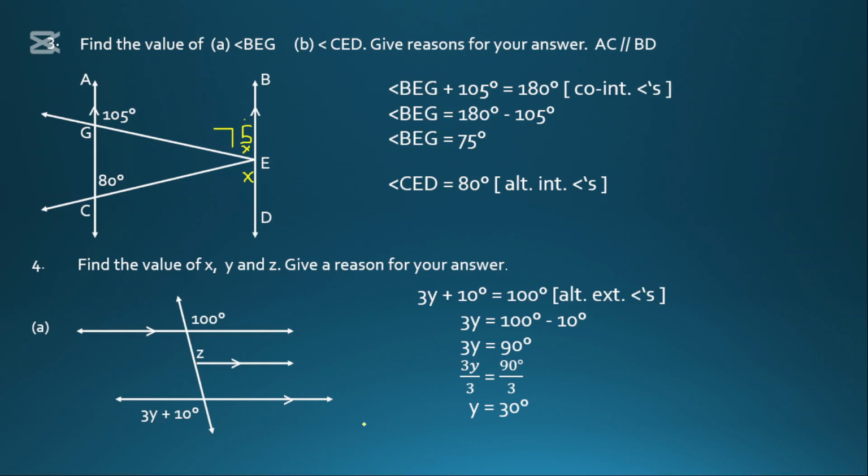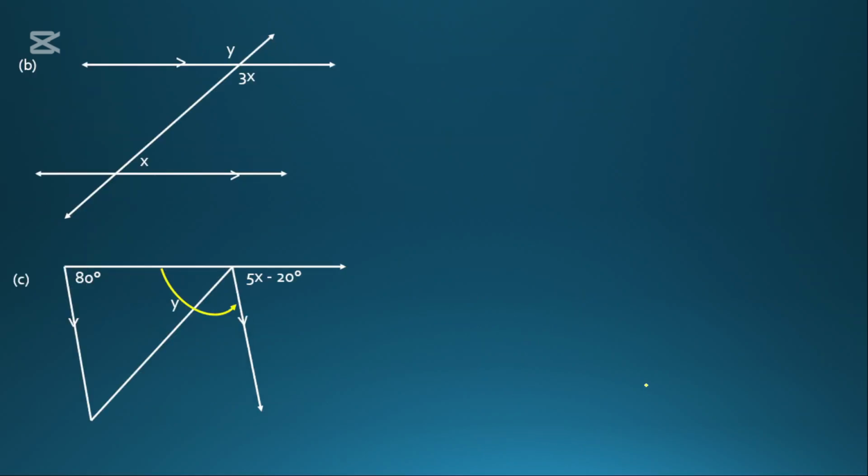Right. Then we want z. You can see z and 100 form a pair, both above the parallel lines on the right hand side, and they are corresponding angles. So they have the same size. z is equal to 100 degrees, corresponding angles. Next one, B. Here we have an x.